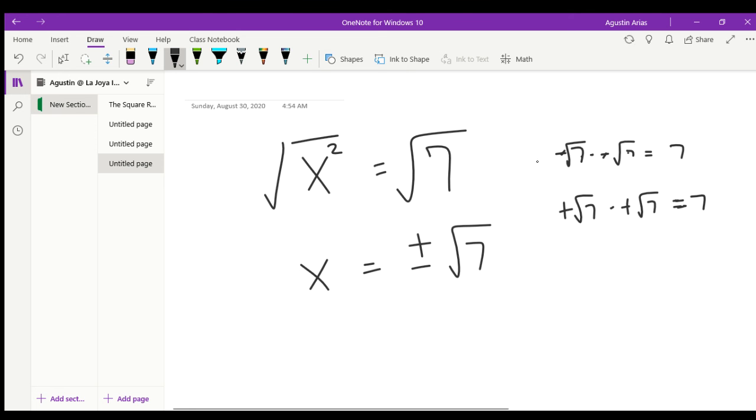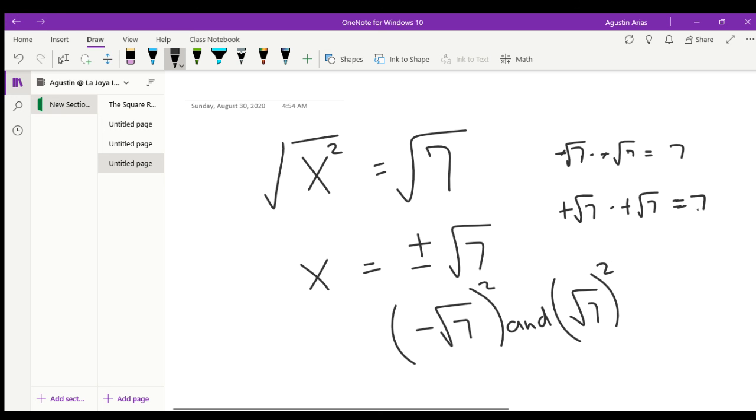So those two choices, the negative square root of 7 and the positive square root of 7, if I square them, they're both going to give me 7. And that's what we're saying at the very beginning. So that is the square root property, because all you're doing is taking the square root of both sides.